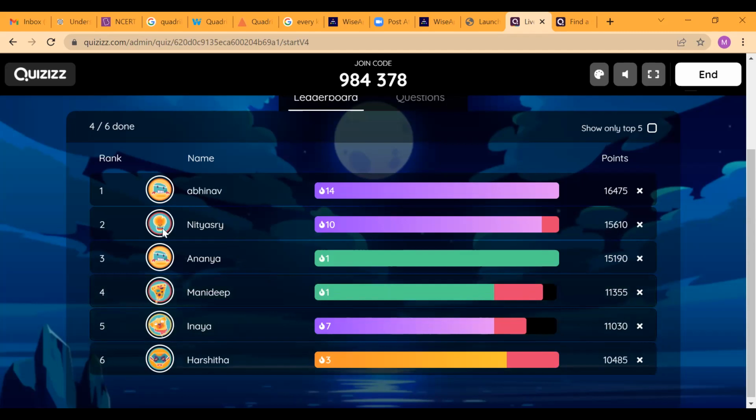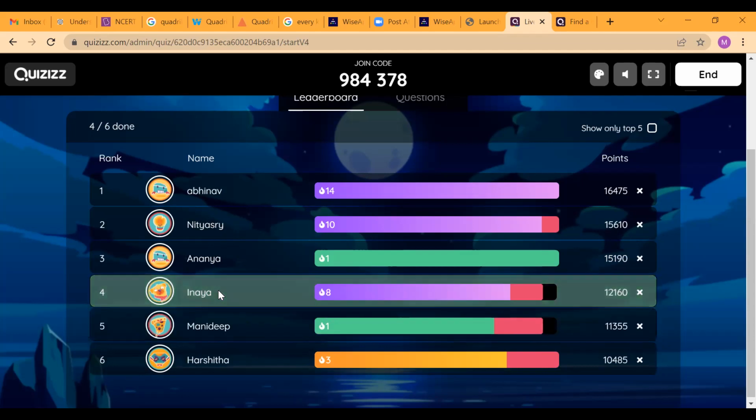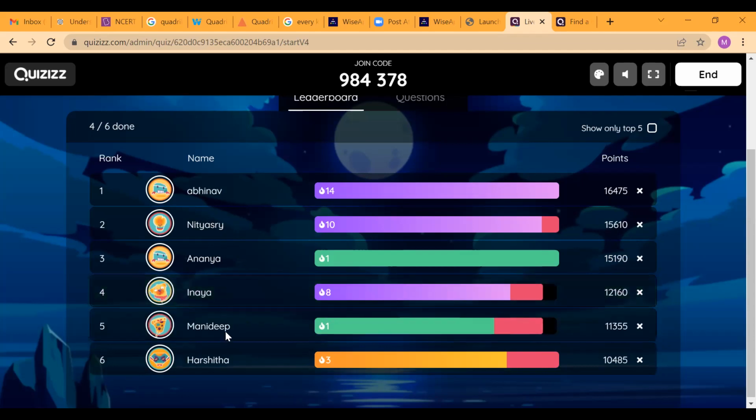Nityashri is having second rank. Ananya is third. Manideep is fourth. Inaya is fifth. And Harshita is at sixth place. They're still doing, I think. Okay, let them finish. Harshita, what happened?